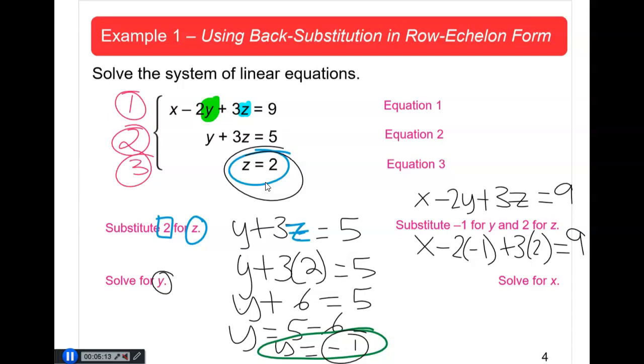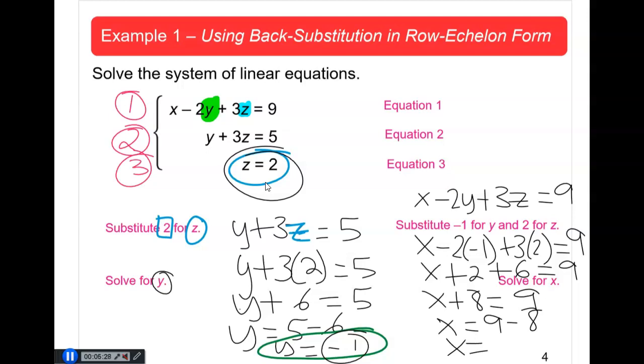So we have x plus 2 because of the double negative, then plus 6 is equal to 9. So this is x plus 8 is equal to 9. So then x will be 9 minus 8, which will be equal to 1. And that will be our third solution.